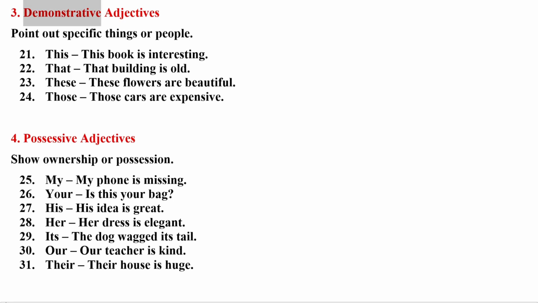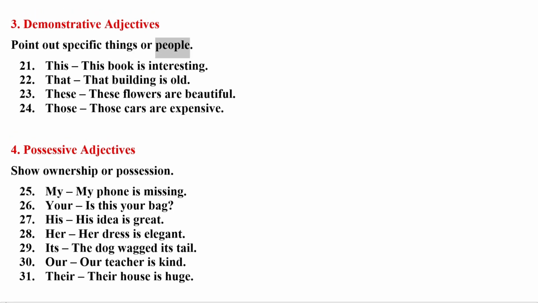3. Demonstrative adjectives: point out specific things or people. This book is interesting. That building is old. These flowers are beautiful. Those cars are expensive. 4. Possessive adjectives: show ownership or possession.